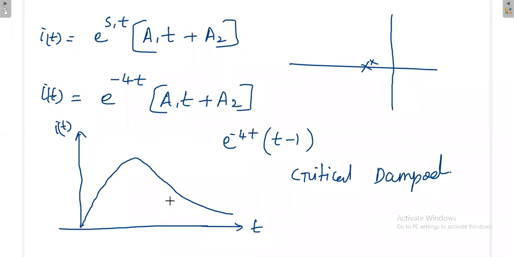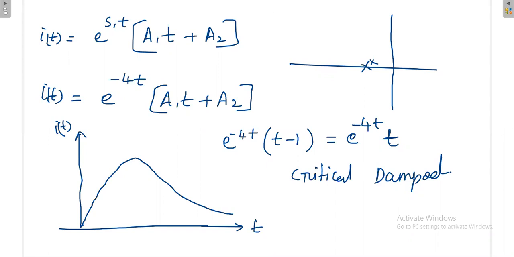So what I suggest you, we take a2 as 0. Once again a2 may or may not be 0, but here our assumption is a2 is 0. You take this function e power minus 4t into t, you take different values of t, then try to plot this waveform.